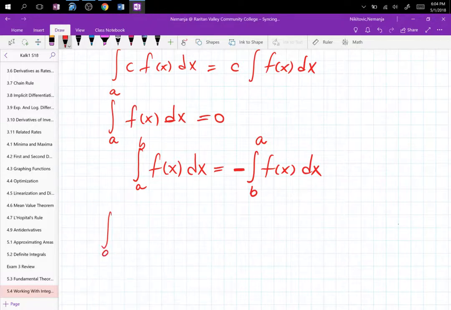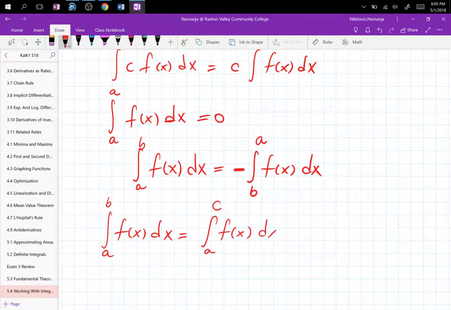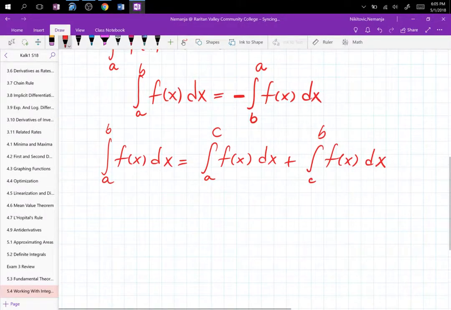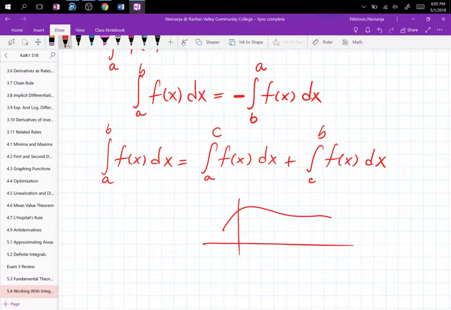So I said that the integral from a to b of f of x dx is equal to the integral from a to c of f of x dx plus the integral from c to b of f of x dx. And the associated picture was something like this. This is your A, this is your B, and now this is the entire area.